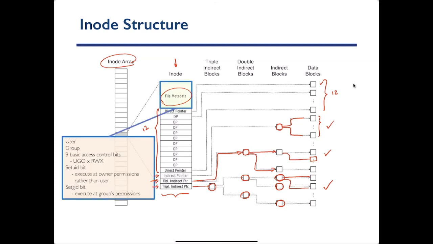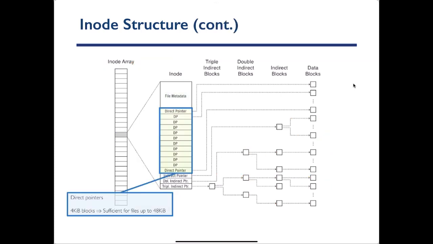Now let's talk about these. The metadata, you can use it to store every metadata that you could think of: the user, the group, access control, and so on and so forth. The direct pointers, each one of them points to a single block.